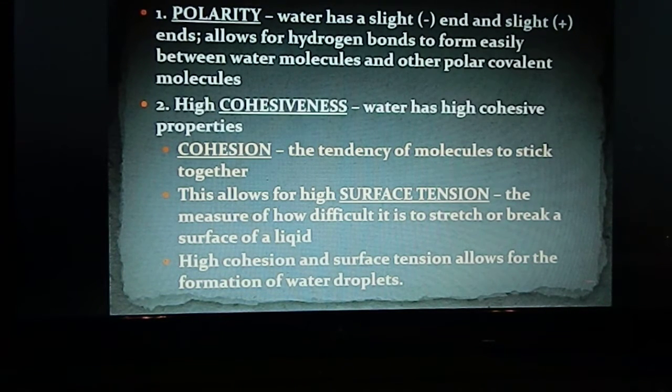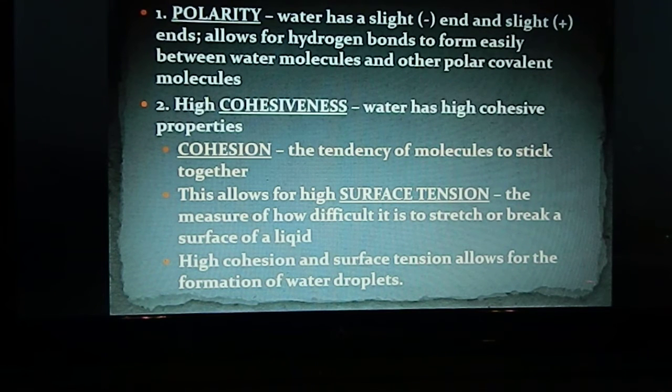Think of the monkeys in the barrel game, where you have these plastic monkeys and you try to link their arms and see how many you can link together. That's how these hydrogen bonds work. Each would be a water molecule, and they hook together to form these long chains or mats of polar molecules.